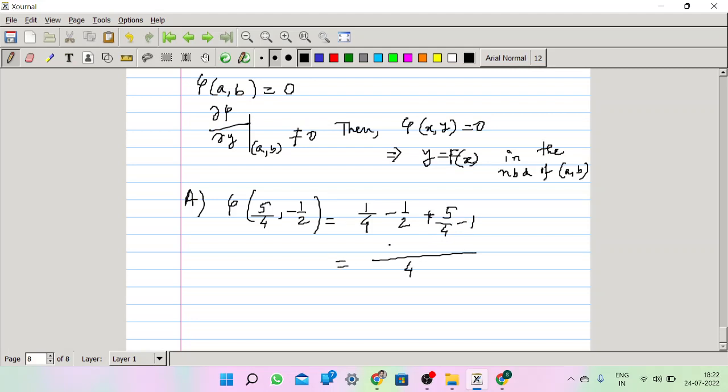It gives 1 minus 2 plus 5 minus 4, that is 6 minus 6, equal to 0. So the first condition is satisfied, which means 5 by 4 comma minus half is on the curve phi of x y equal to 0.